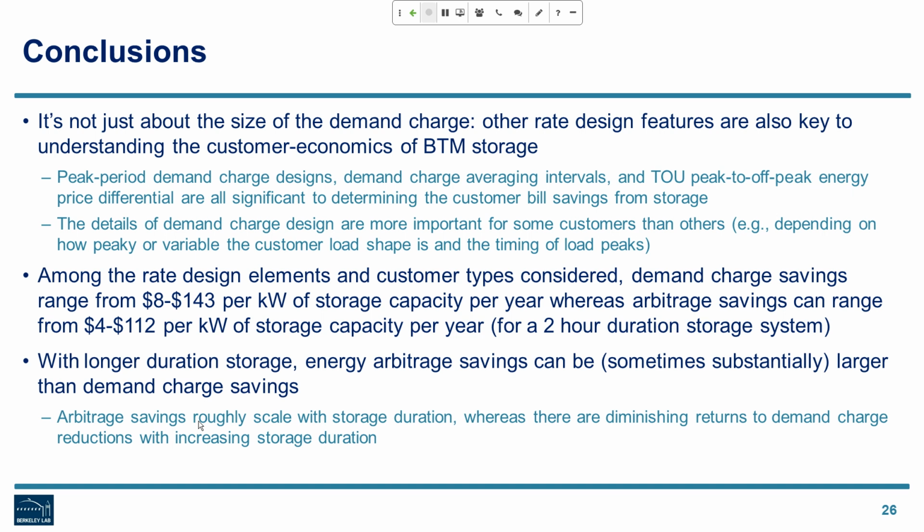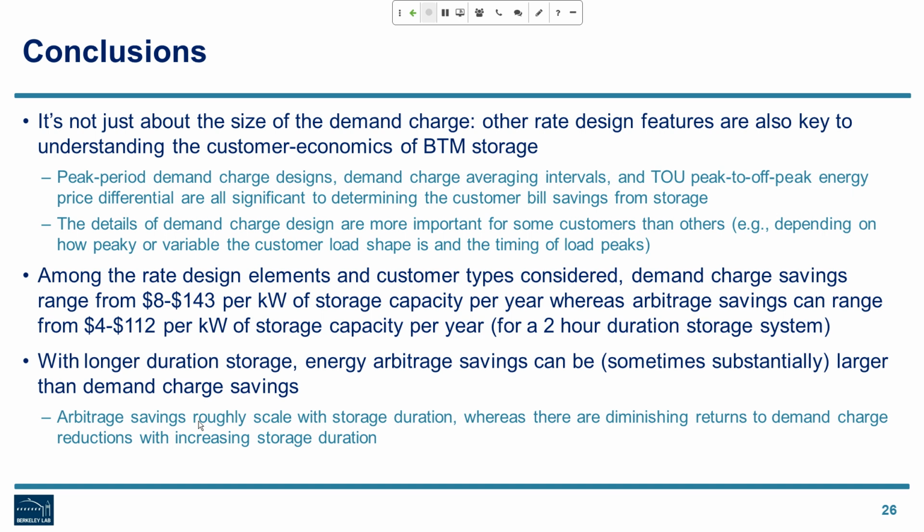This is particularly important in this era of changing rate designs and PV compensation mechanisms. And in particular, peak period demand charge designs, demand charge averaging intervals, and time of use peak to off-peak energy price differentials are all significant to determining the customer bill savings from storage.